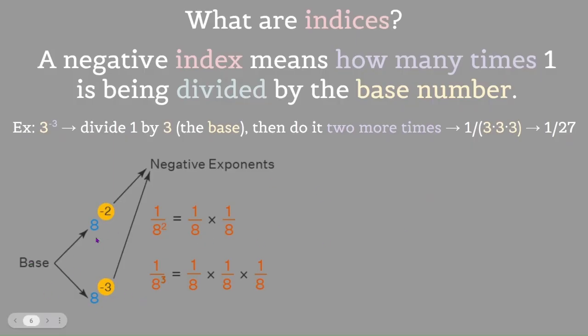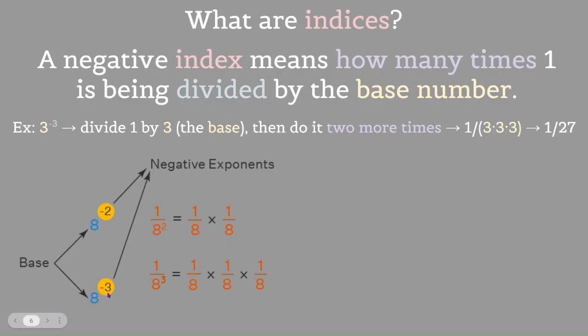So we can see our base 8, right? In 2 different examples. 8 to the -2 would also be equal to 1 divided by 8 to the second index, right? Or the second power, 8 squared, which you could also think of as 1 over 8 times 1 over 8. Because in this case, you multiply the denominators, right?